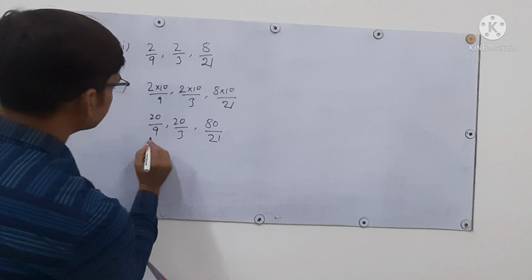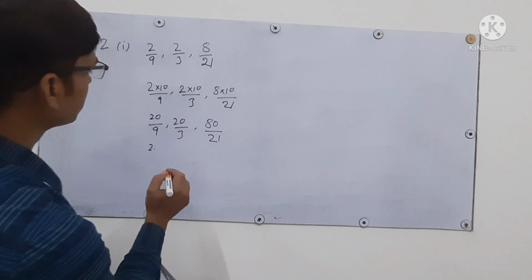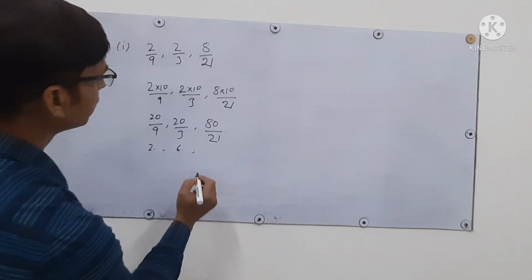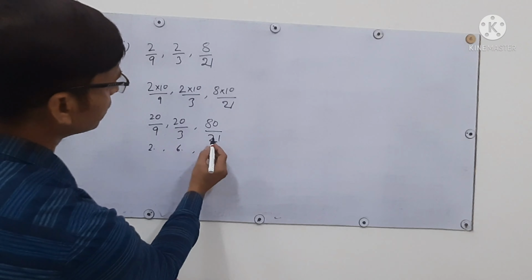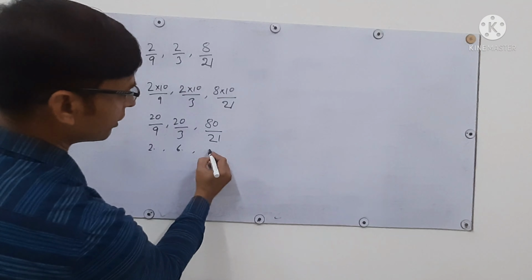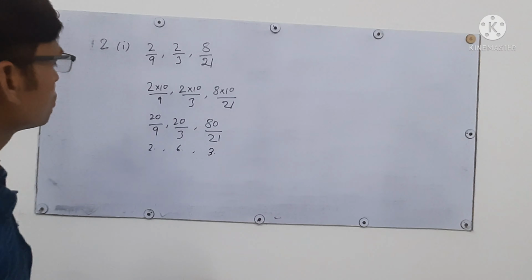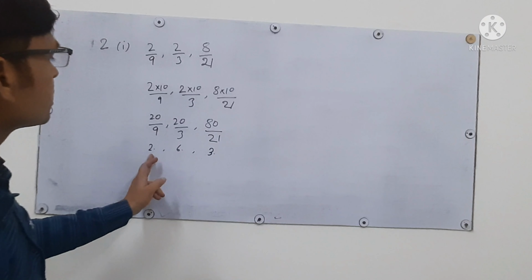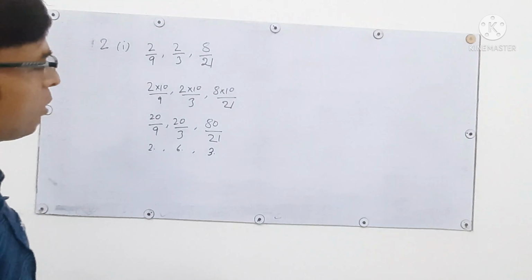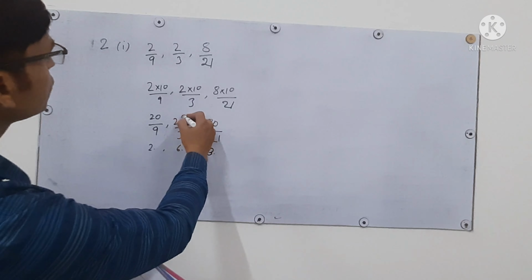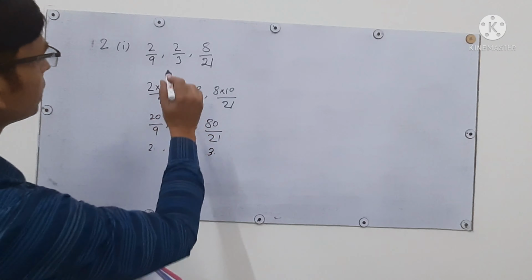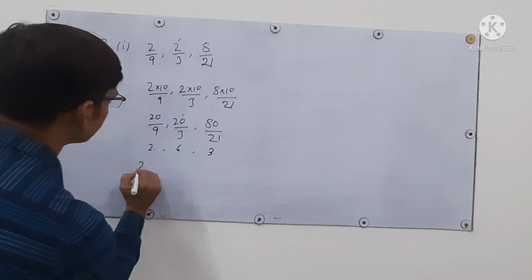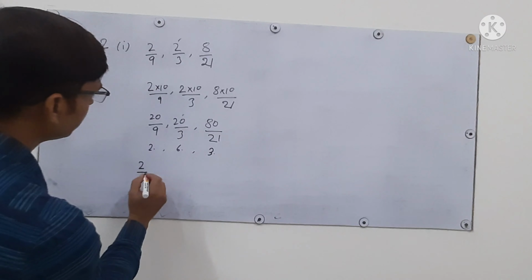It will be 2 point something, here 6 point something, and here 3 point something. So we can understand that 2 is the smallest number and 6 is the maximum number. It means this will be the maximum, or we can just write 2 by 3. The first number will be 2 by 3.